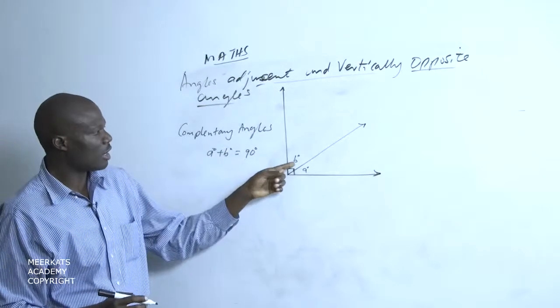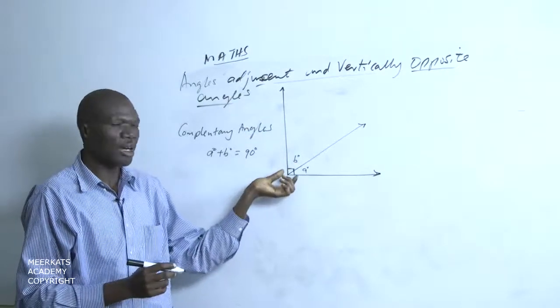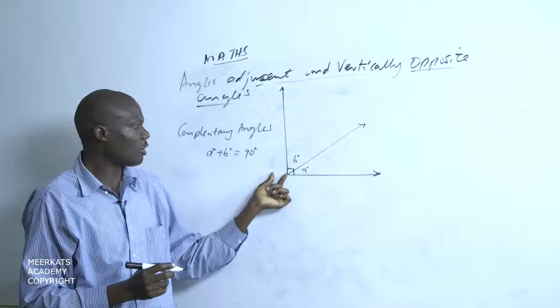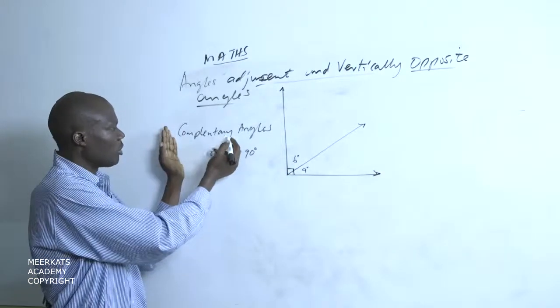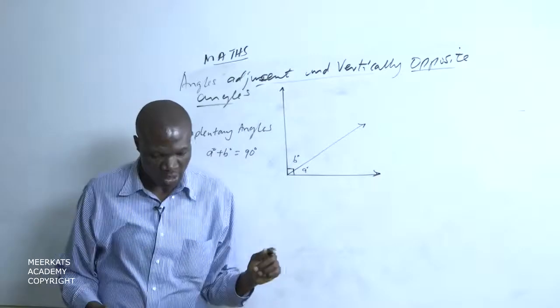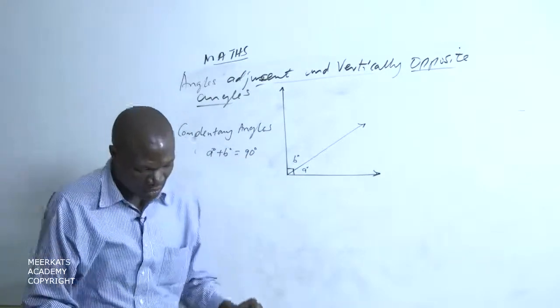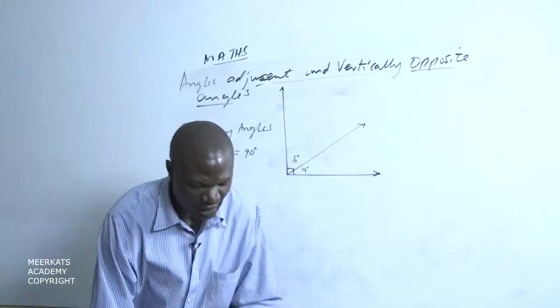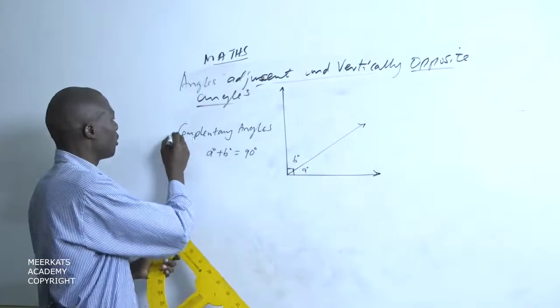That is why it's an adjacent angle formed within a right angle. That is why we say A and B are complementary, because they add up to 90 degrees.